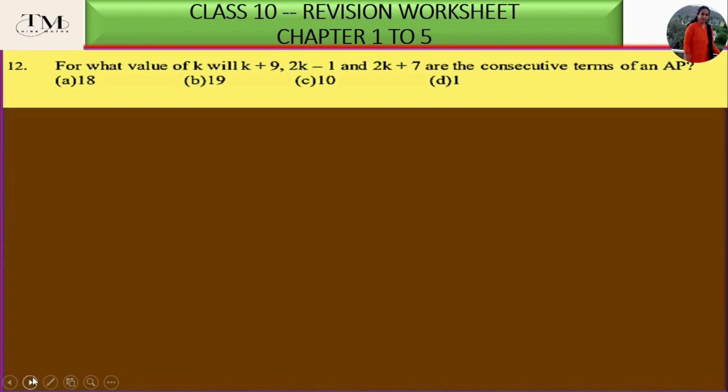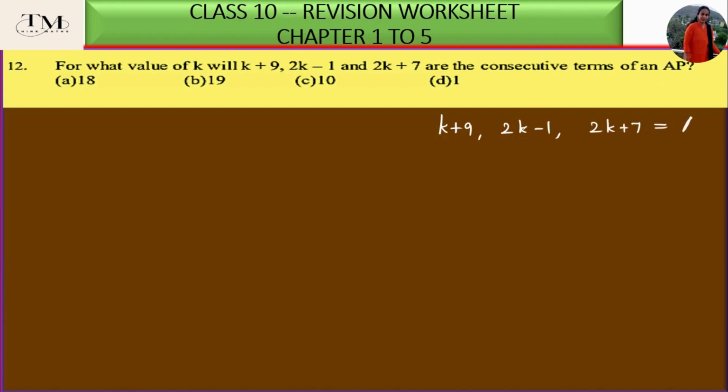Moving on to the 12th question. For what value of k will k plus 9, 2k minus 1 and 2k plus 7 be the consecutive terms of an AP? So here there are three terms, k plus 9, 2k minus 1, 2k plus 7.